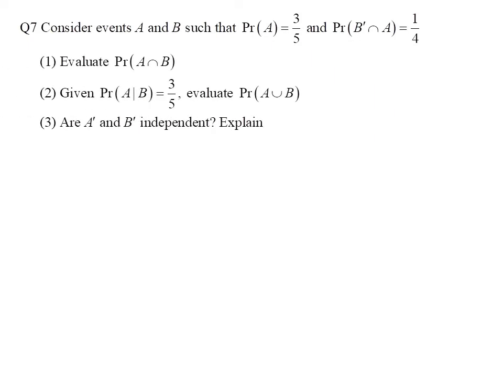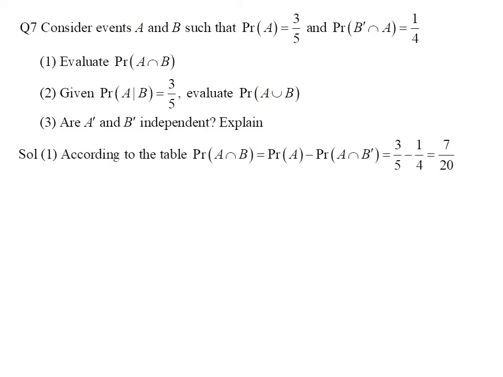The first question is to evaluate the probability of event A intersect event B. The second question is asking to evaluate the probability of event A union event B, given the conditional probability of event A occurring when event B has already occurred is 3 over 5. The last question is to determine whether events not A and not B are independent of each other.